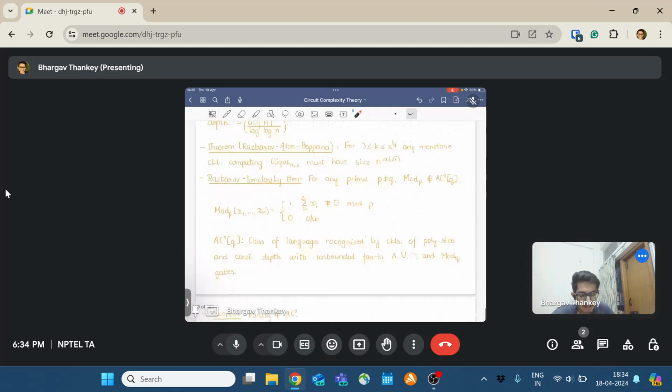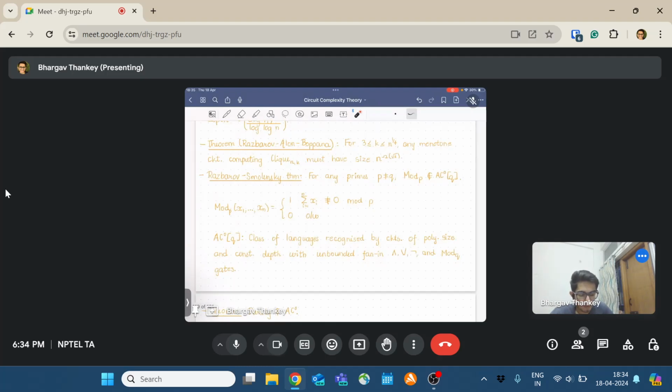Even though this is the general theorem, in class we saw a proof of only a special case of this: mod 3 of x1 to xn not in AC0[2].